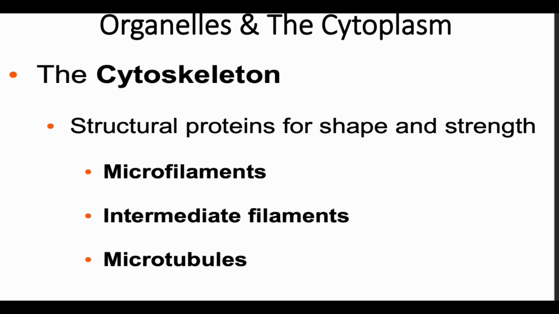In terms of the cytoskeleton, this is a structure that helps the cell maintain its shape in addition to its internal organization. It also provides mechanical support that allows cells to carry out essential functions like movement as well as cell division.